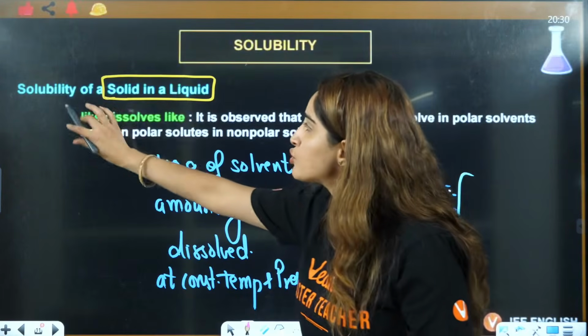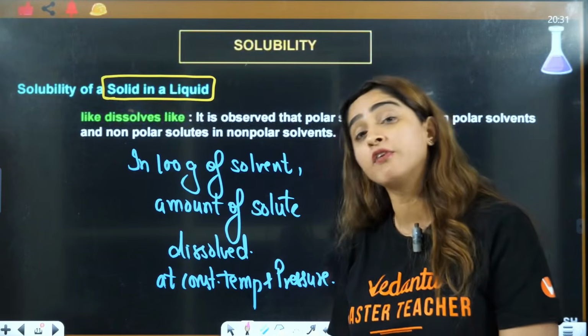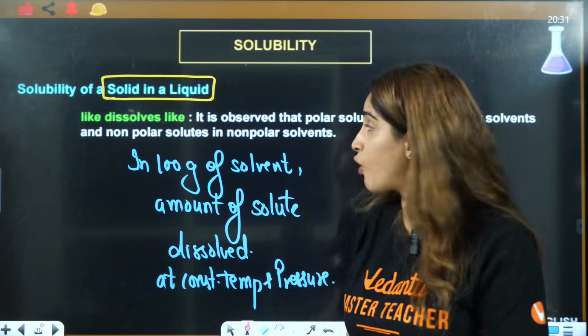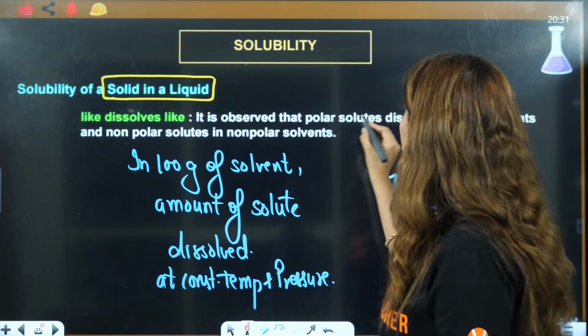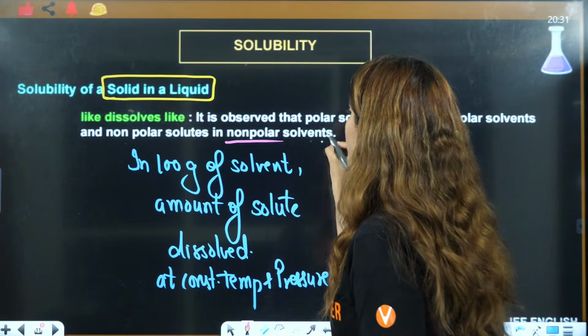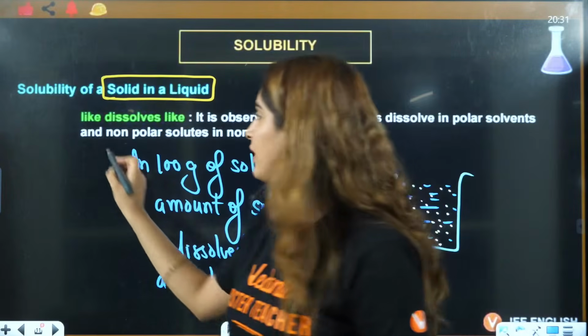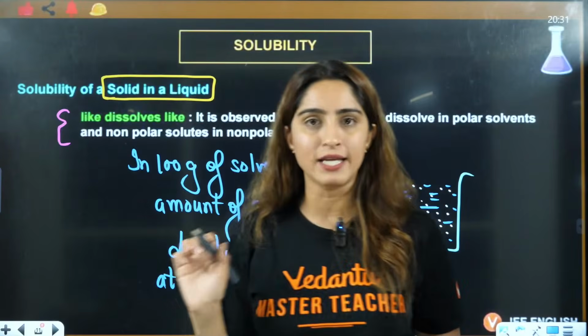So first thing is like dissolves like. That means polar will dissolve polar, non-polar will dissolve non-polar. It is observed that polar solutes dissolve in polar solvents and non-polar solutes dissolve in non-polar solvents. This concept will be more useful in organic and inorganic chemistry, right?